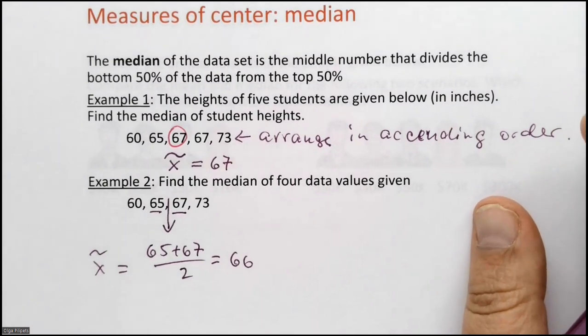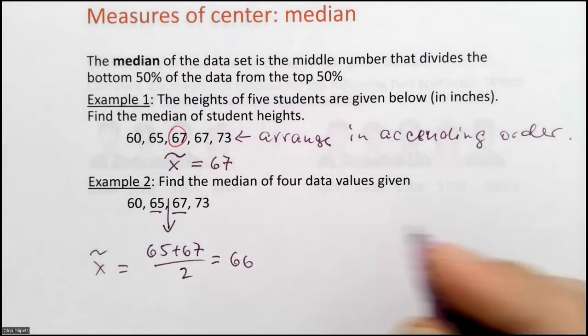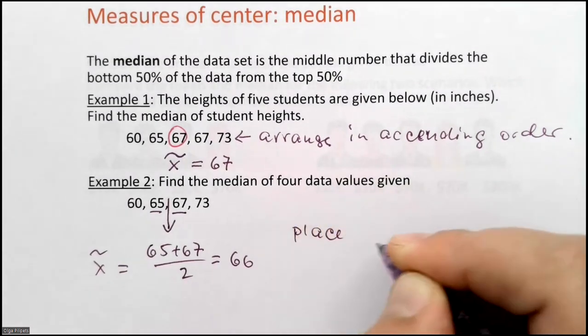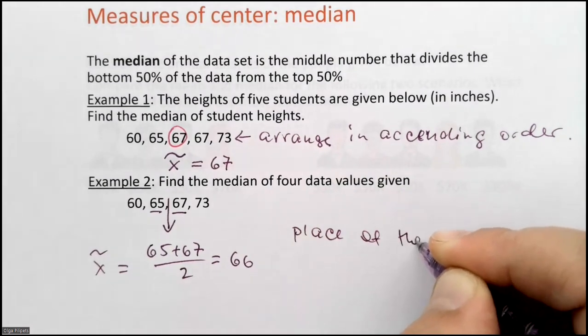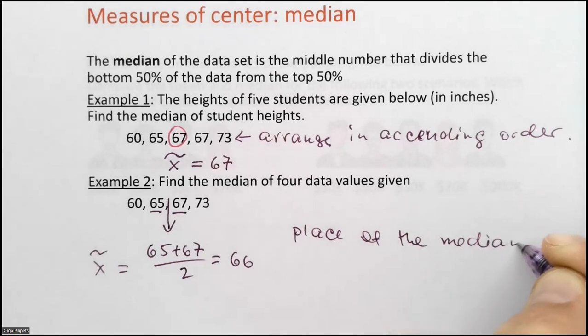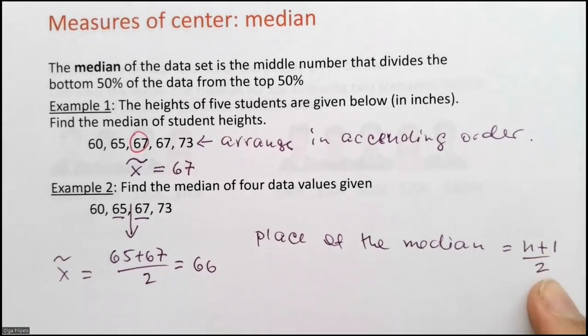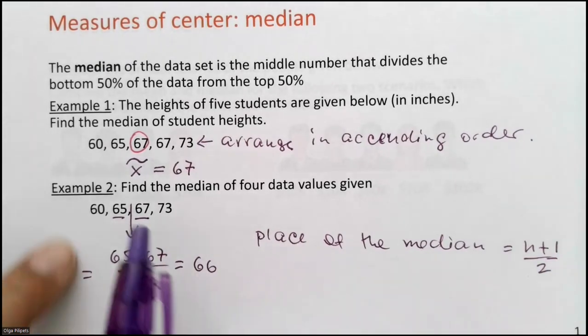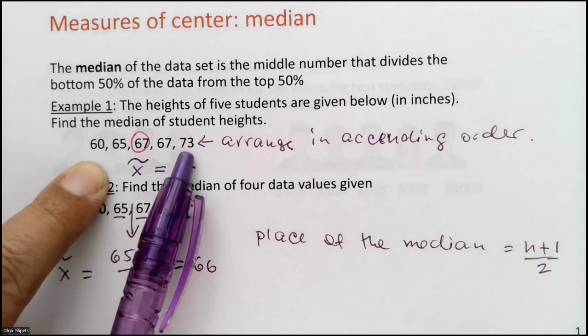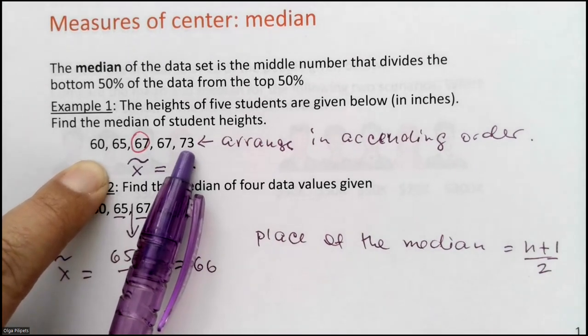Again, what is the formula? We're going to find the place of the median, or its order number. That's n plus 1 divided by 2. So that's the place of the middle number. For this data set, it's going to be 5 plus 1 is 6, divided by 2 is 3.